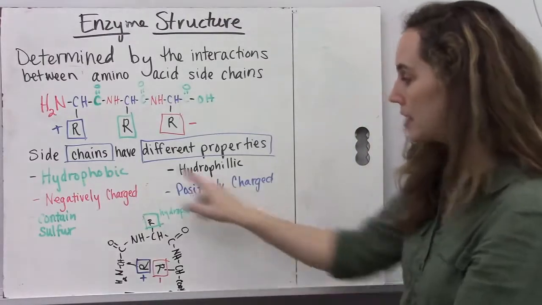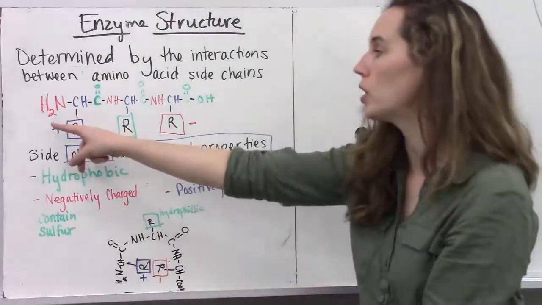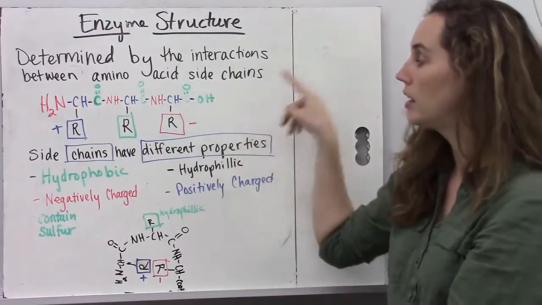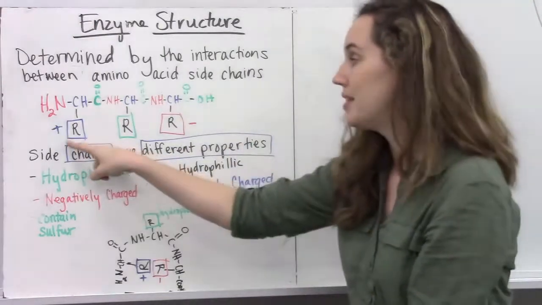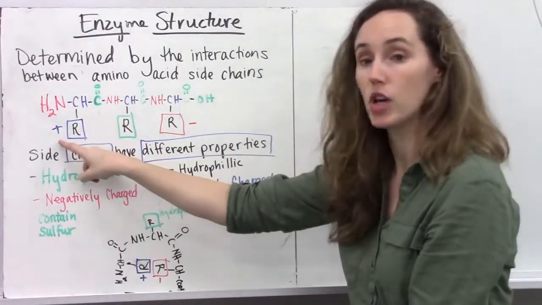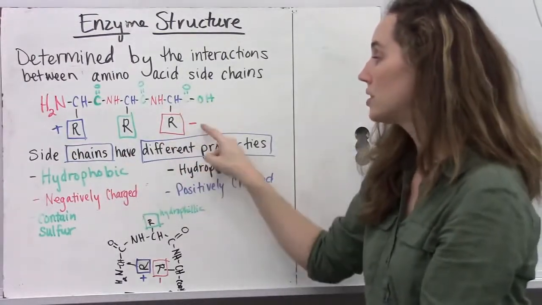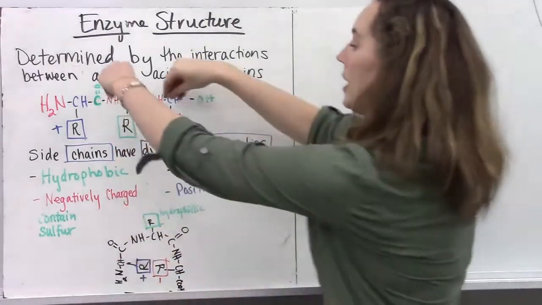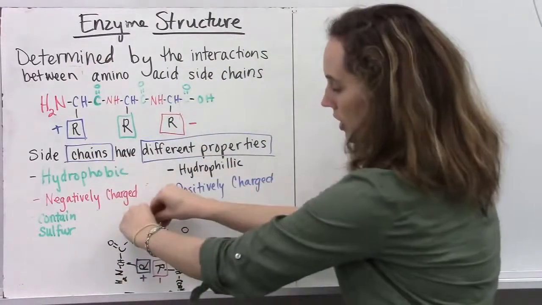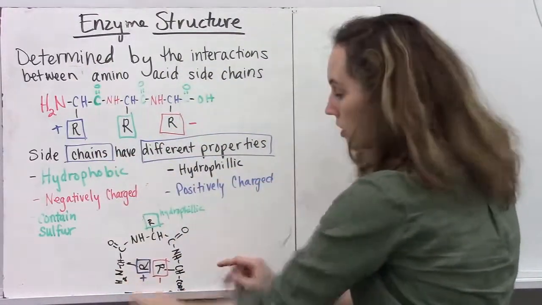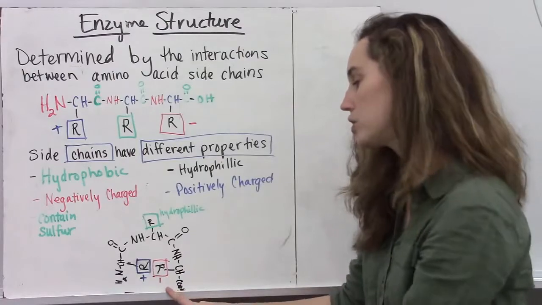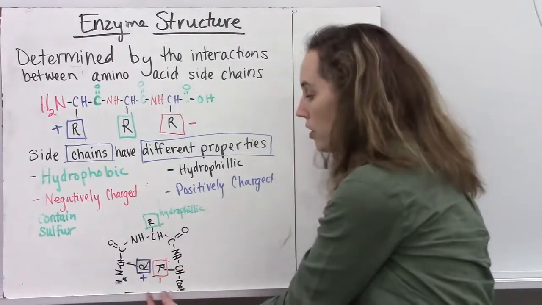So here in my example, we can see that before I had this linear polypeptide, but because this one was positively charged and this one was negatively charged, they came together, so you can actually see this kind of bending around, and our positively and negatively charged ones are now close together.